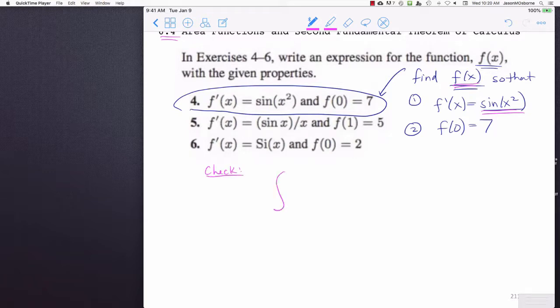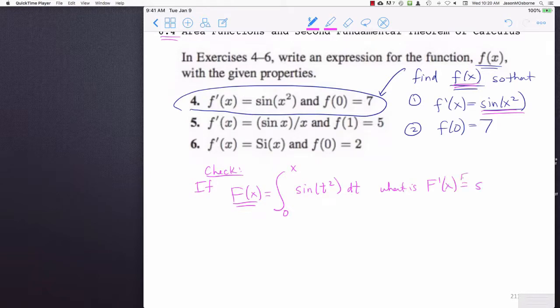If I make a function f of x equal to the integral from 0 to x of sine of t squared dt, like we've done in all the previous videos, what is f prime of x?